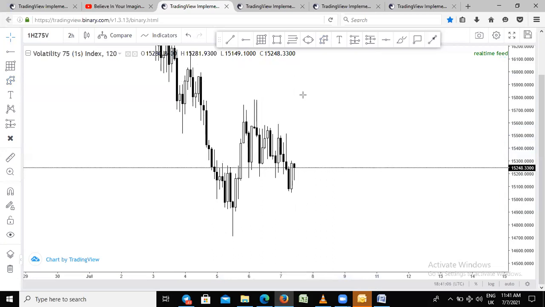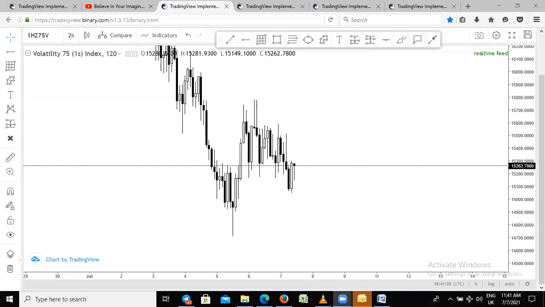But if you don't have that, just make sure you keep your money, you guard it jealously, and wait for proper confirmation. When you have 1 hour and 4 hours aligned, then you are very sure that this is a more confirmation on whatever you are looking at.